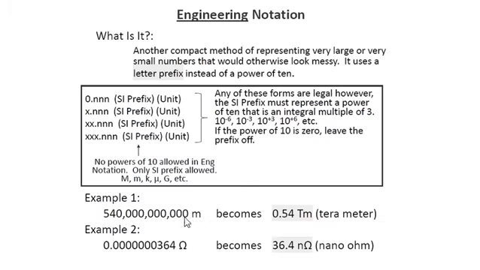Let me show you. So this is 3, 6, this is 9, 10, 11, and then 12. So altogether exponent 12. So that's your tera. And I have to count 5 this time because we're putting the decimal right in front of the 5.